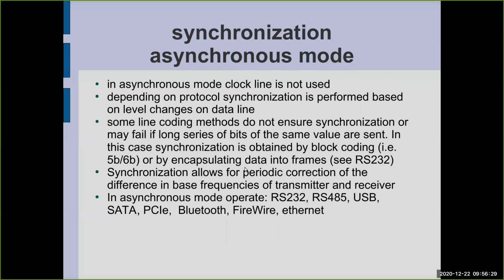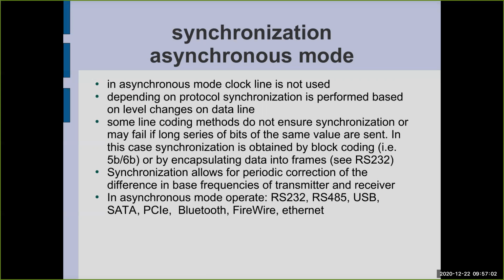Or using special frames. If we use frames, we try to pack bits into a frame, and we ensure that there is a level change at least one time per frame. So the frame has special additional bits which generate a level change.